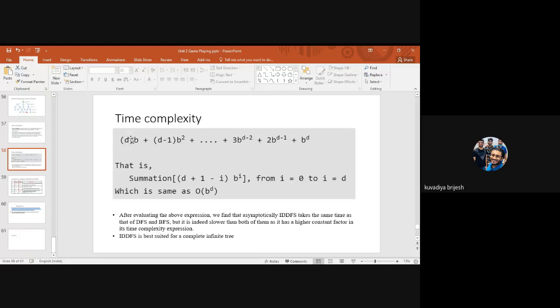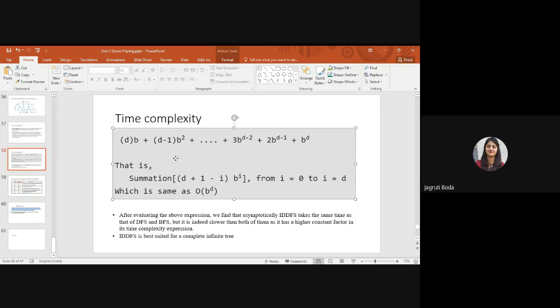If the branching factor differs by node, you have to write it in this manner because you sum all the terms individually. At level d minus 1, what is your branching factor? At level d minus 2, what is your branching factor? So you have to calculate each term separately, then sum all the terms.